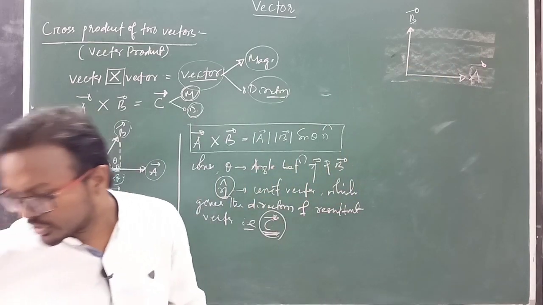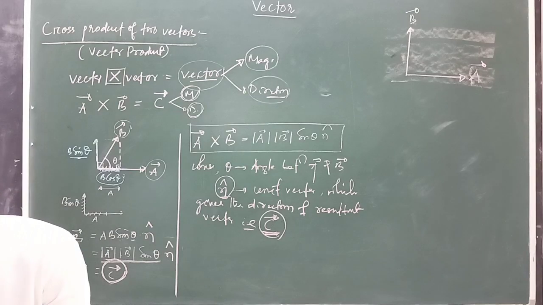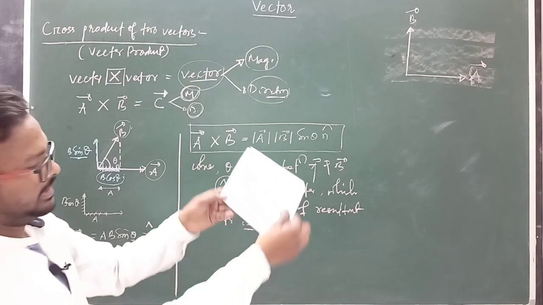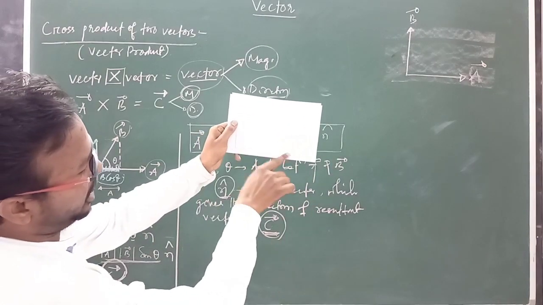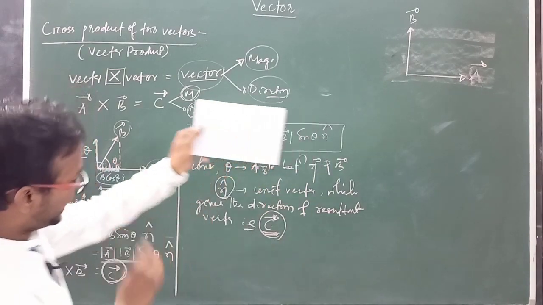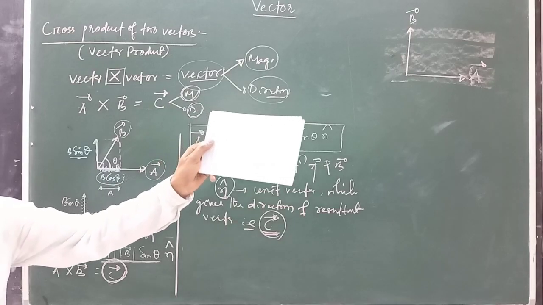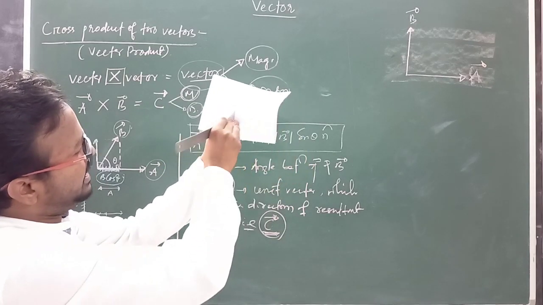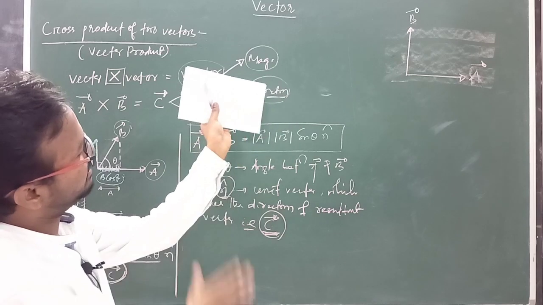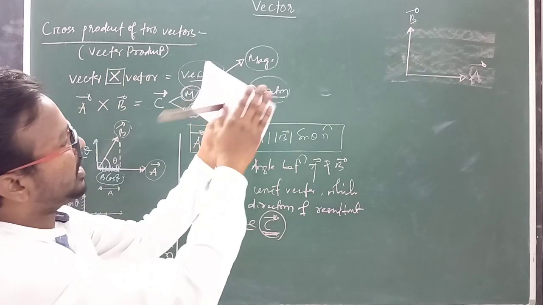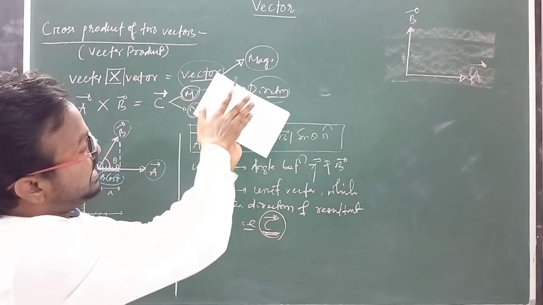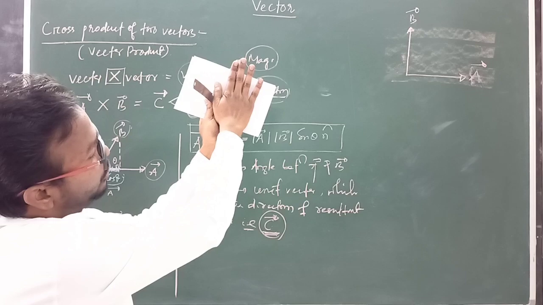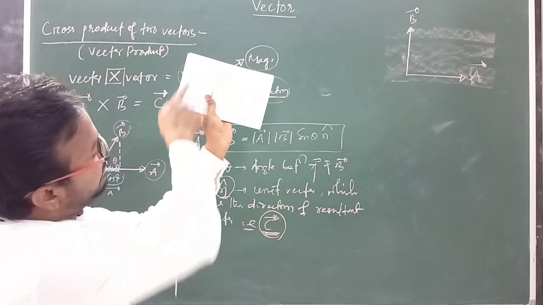Suppose I am drawing two vectors here, A vector and B vector, then what is the direction of C? The direction of C here may be outward or inward, but this vector C is always perpendicular to the plane containing both A vector and B vector.